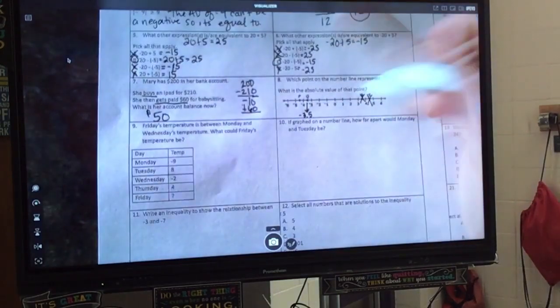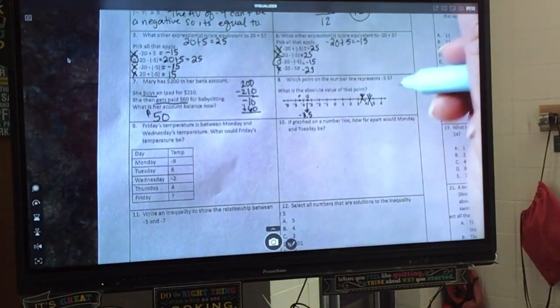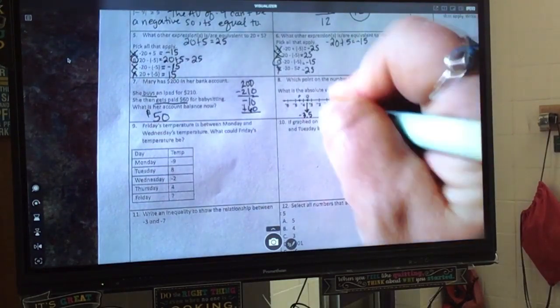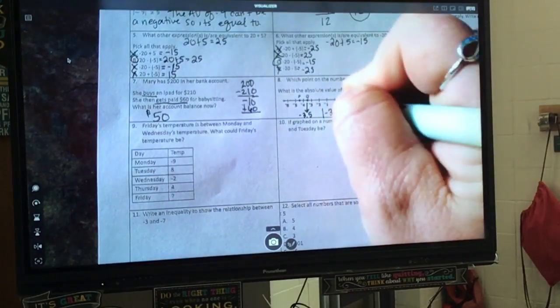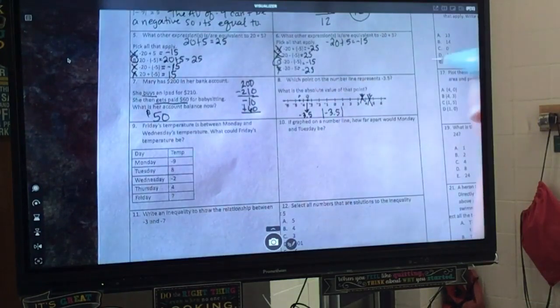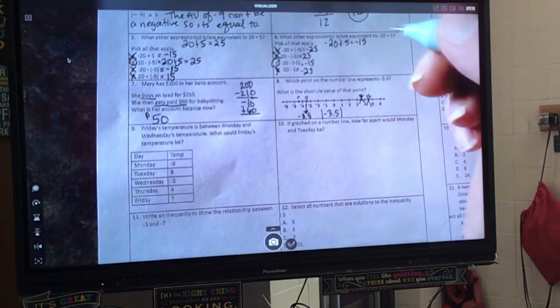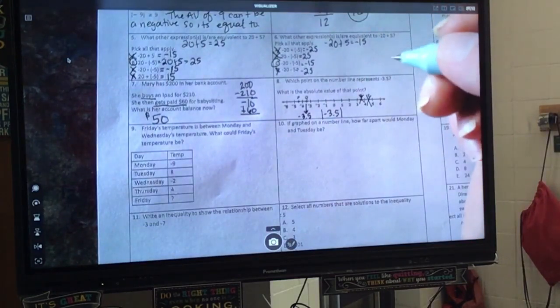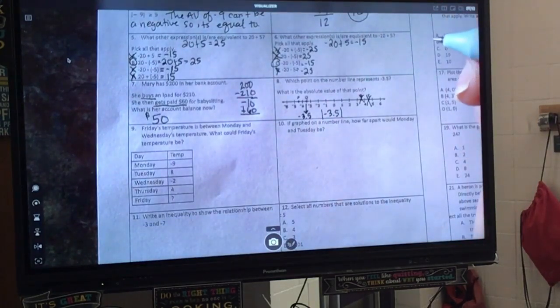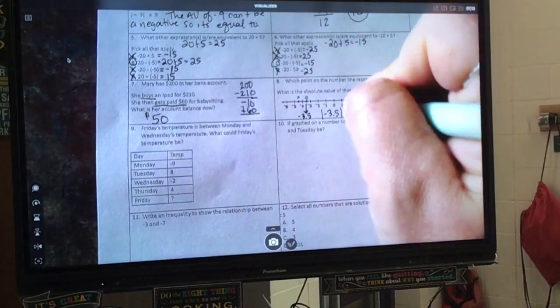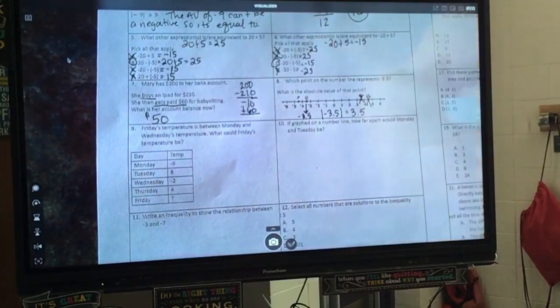Now the next question in that one says, what is the absolute value of that point? So what is the absolute value of negative 3.5? Not 3, but 3.5? Okay, so it's a positive 3.5.